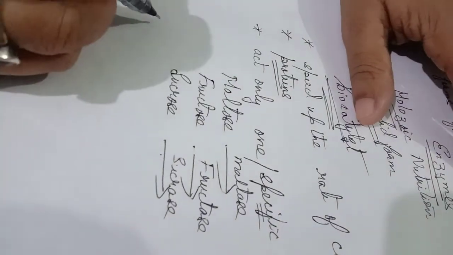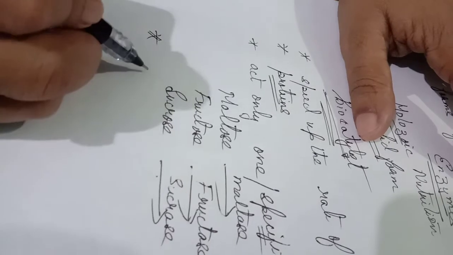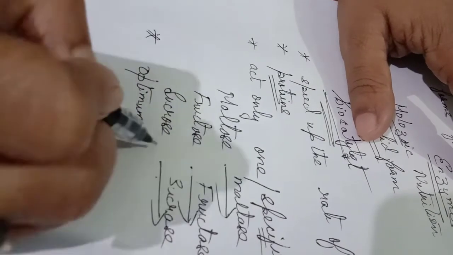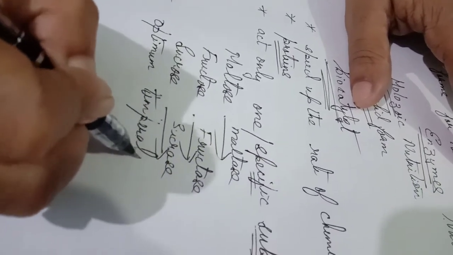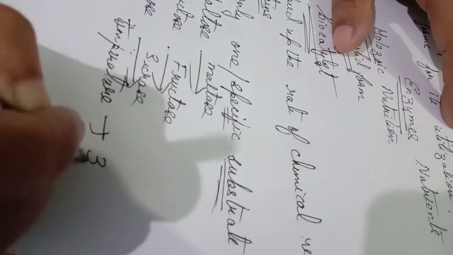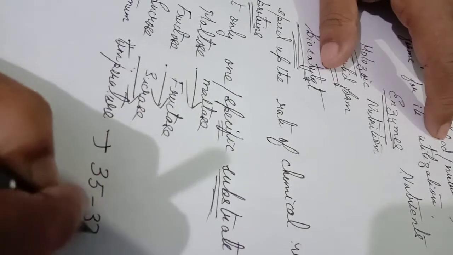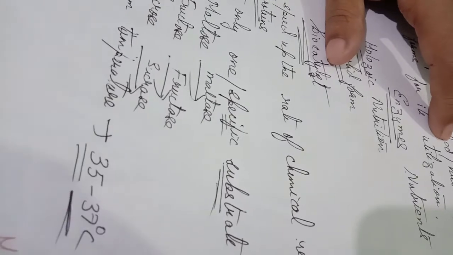Clear? Next, what is another characteristic? They work at an optimum temperature. Since they help in digestion, their optimum temperature is the body temperature, around 35 to 37 degrees centigrade. Got it? That is the optimum temperature where they can work.